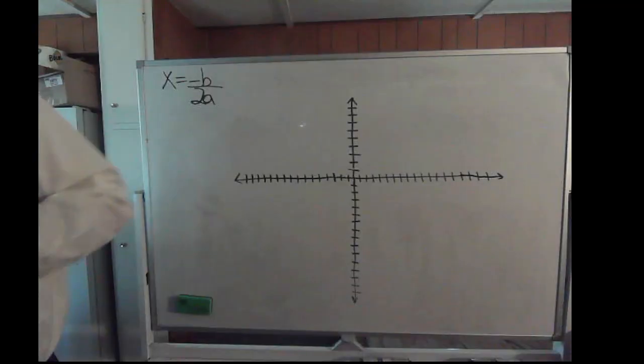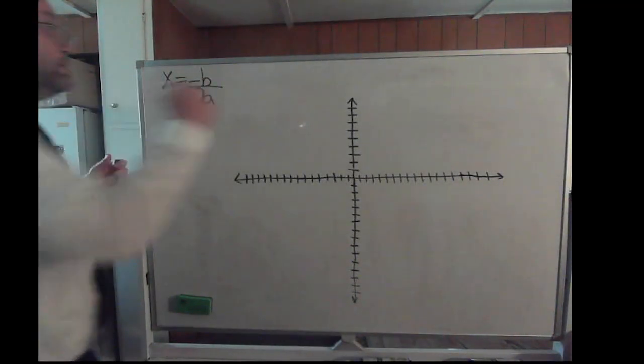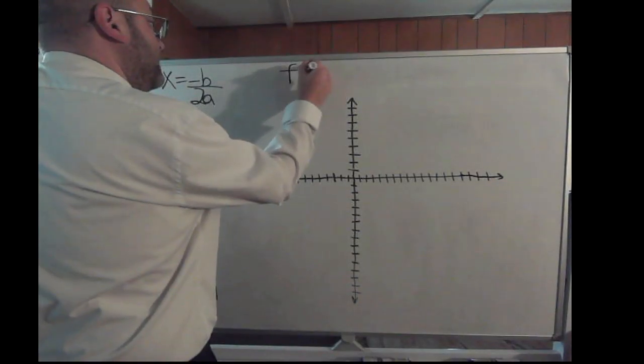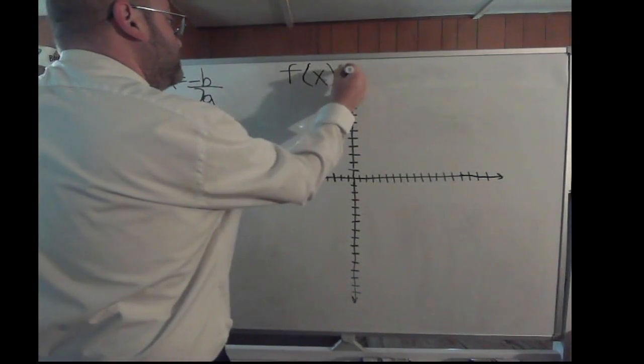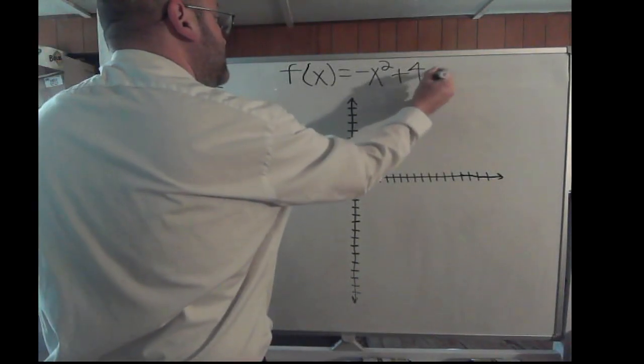What is the next one? f of x equals negative x squared plus 4x.